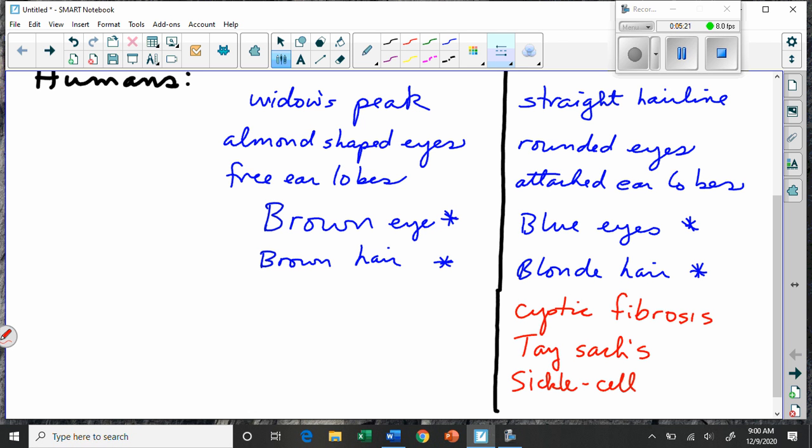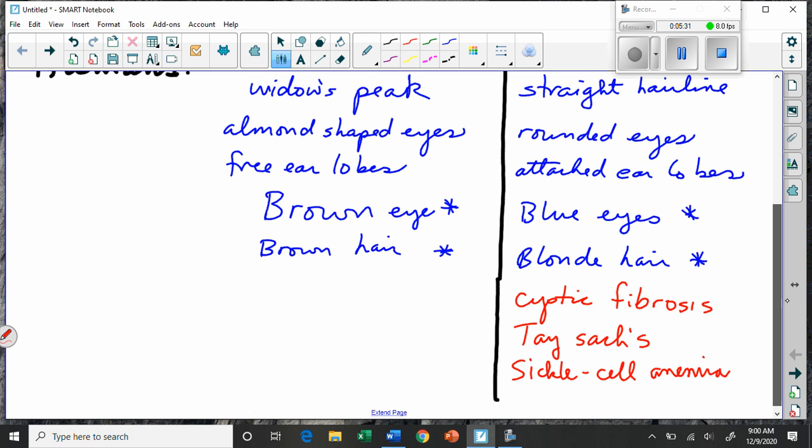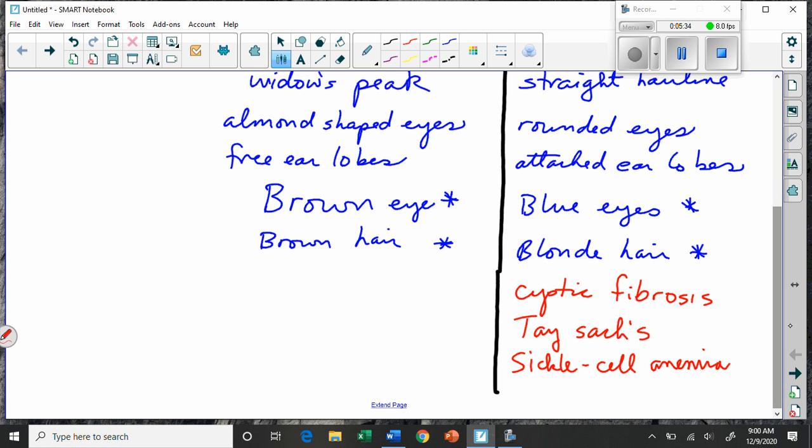So while sickle cell anemia is not necessarily a good thing, if you live in a place where there's lots of malaria, it actually does turn out to be beneficial. So we tend to see more of the sickle cell anemia in people who live in areas where malaria is more prevalent, Africa, parts of the Mediterranean, and that kind of thing.